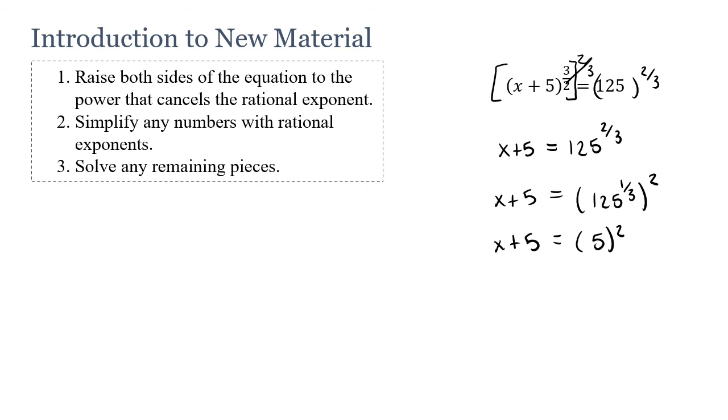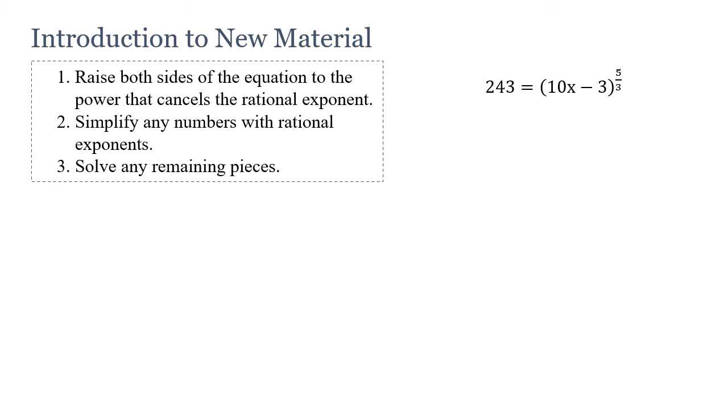Now if you're ever wondering where I get these numbers from, you can plug this in directly to your calculator. You'll get 5, and then we got to square that. 5 squared is equal to 25. So here we've got x plus 5 equals 25. Now we actually have to do step 3. Solve any remaining pieces. So I'm going to subtract 5 here, and my final answer is going to be x equals 20.